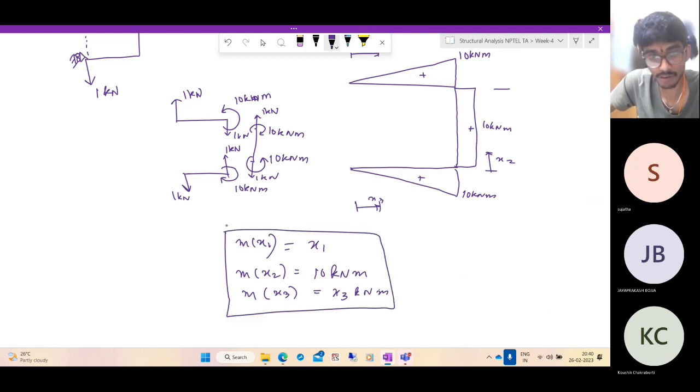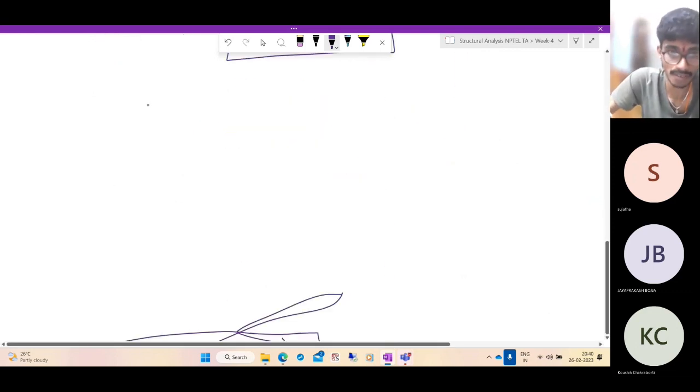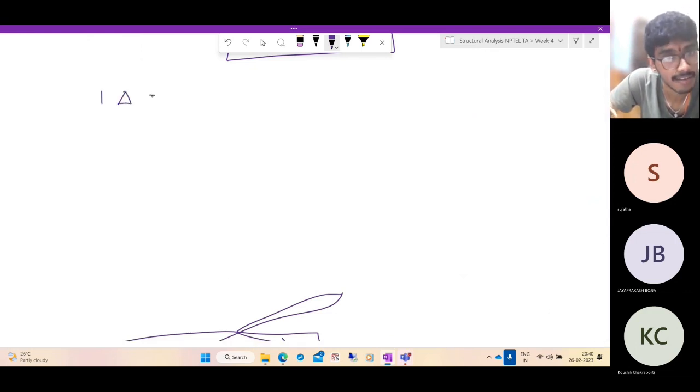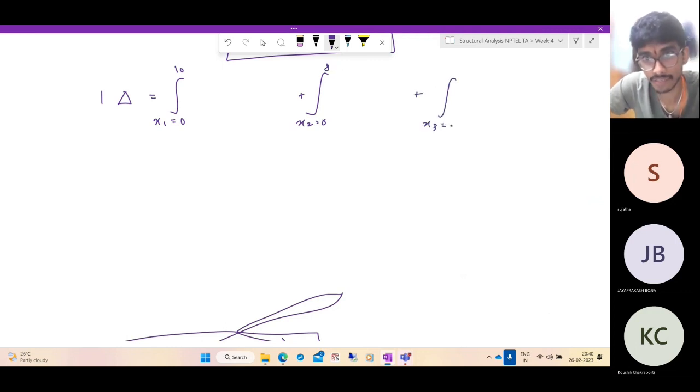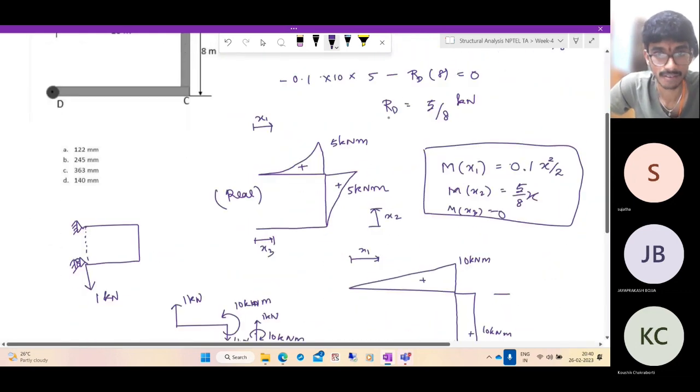Now let's write down the principle of virtual work. So 1 acting at delta is equal to, so integral over x1 going from 0 to 10, and the second one integral over x2 going from 0 to 8, and the third one integral x3 going from 0 to 10. Yes.